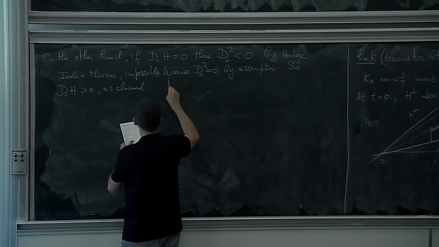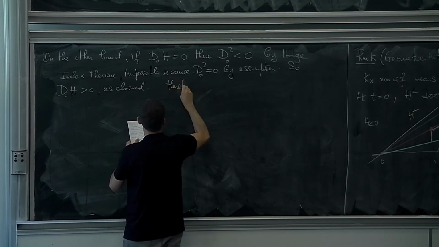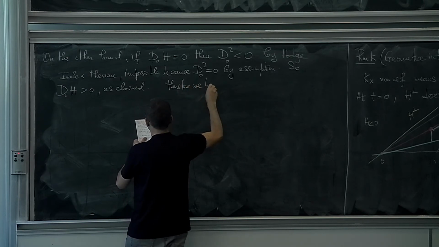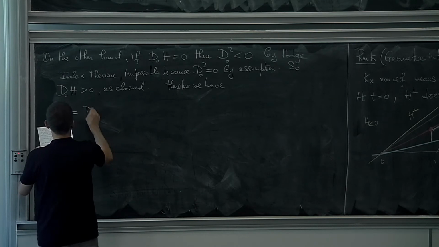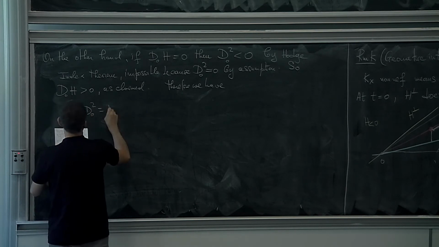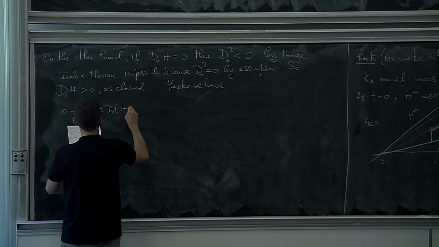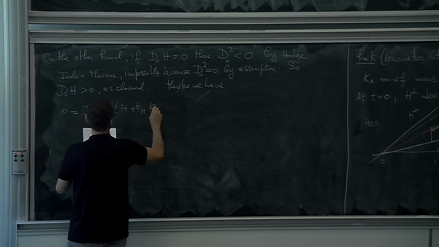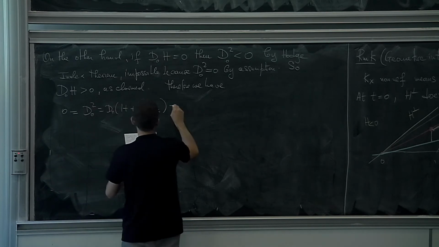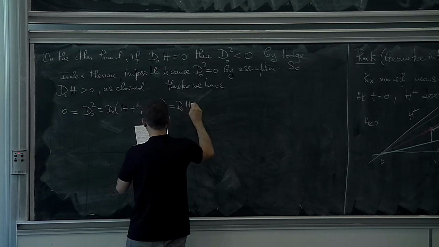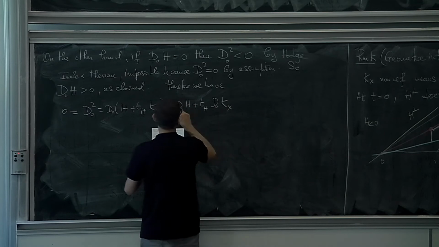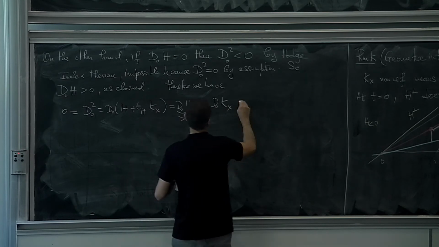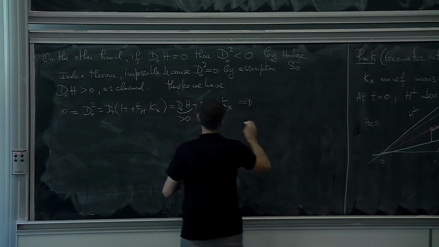Therefore, we have the following: 0 equals d0 squared, which is d0h plus Th d0kx. Since d0h is strictly positive, this implies that d0kx is strictly negative.